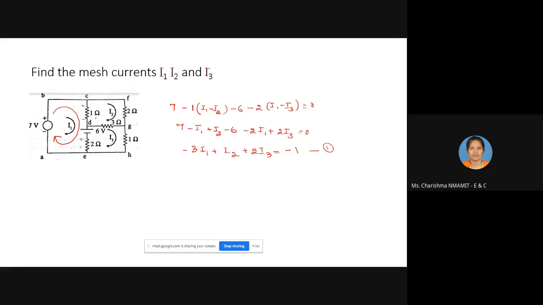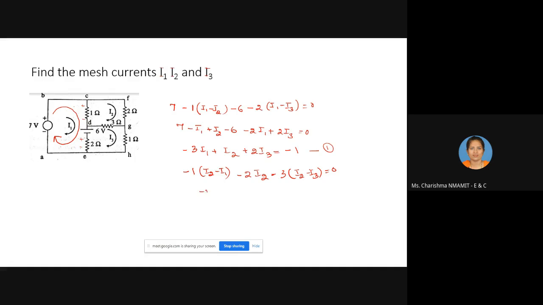You can start with 1 ohm: minus 1 into I2 minus I1, because you are moving in the direction of I2. Minus 2 into I2, because through this resistor only current I2 is flowing. Minus 3 into I2 minus I3, because through this 3 ohm I2 and I3 are flowing.